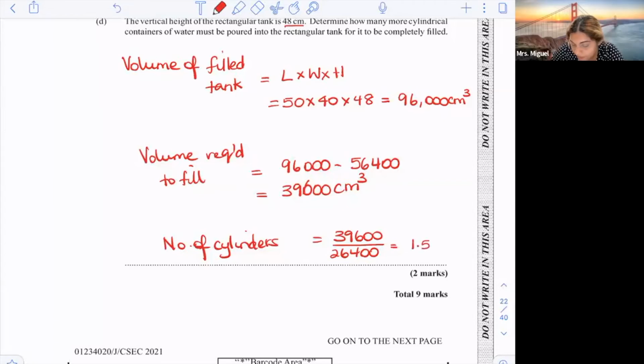So this question wasn't too bad, right? All the information was given and we are accustomed with this sometimes.